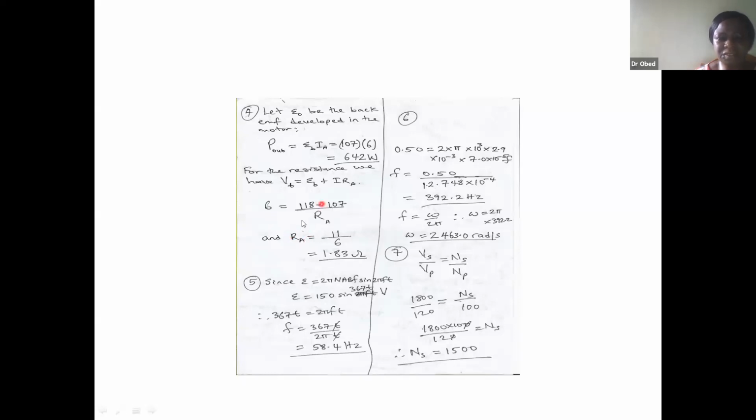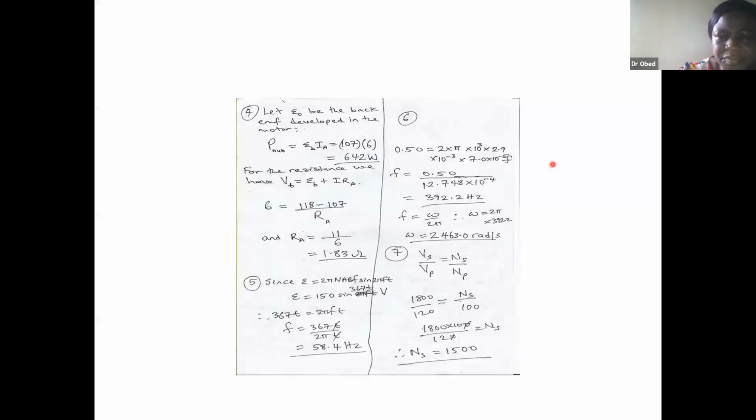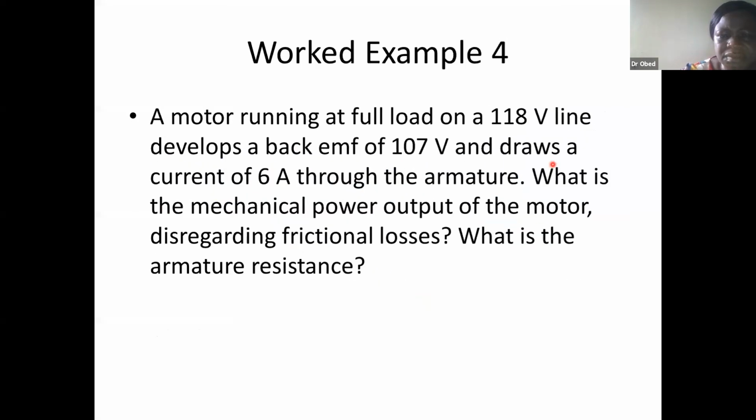If you make R_A the subject, what you have is 118 minus 107 gives us 11. 11 over 6 gives us 1.83 ohms. If you evaluate this correctly, you get 1.83 ohms. So this is the armature resistance and this is the mechanical power output.